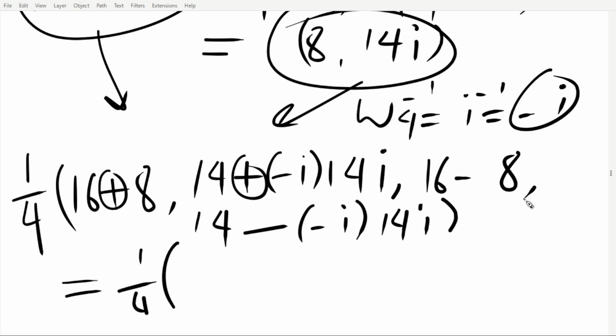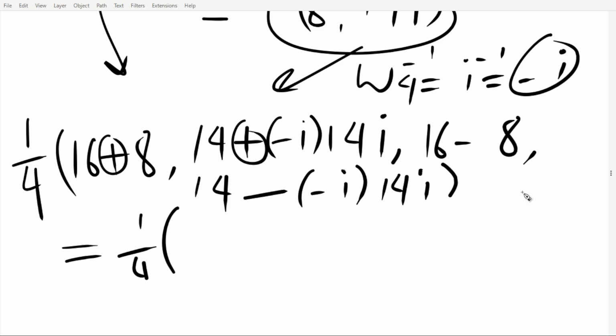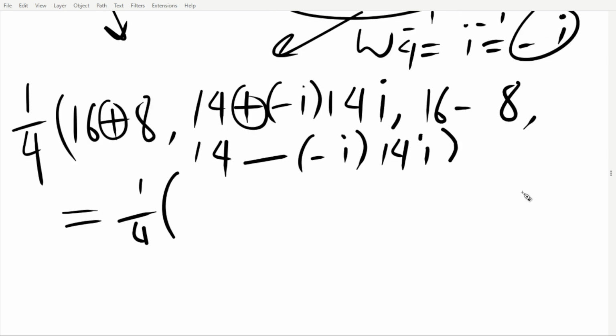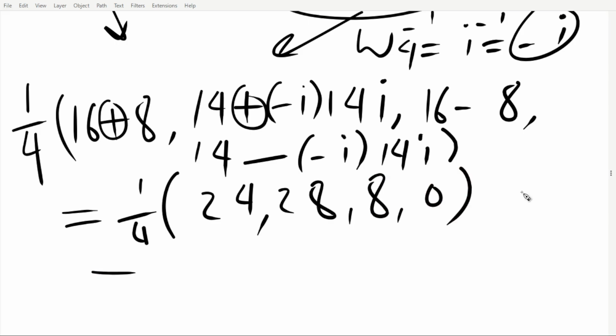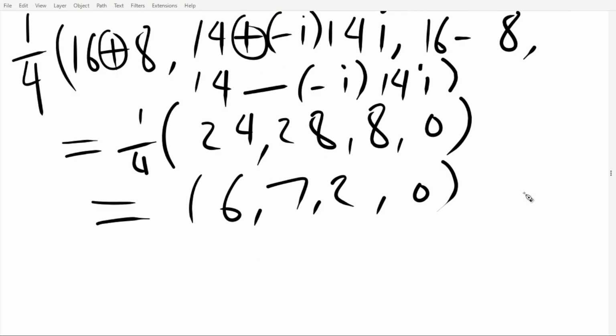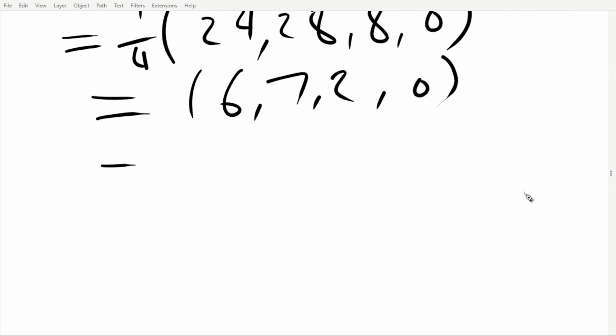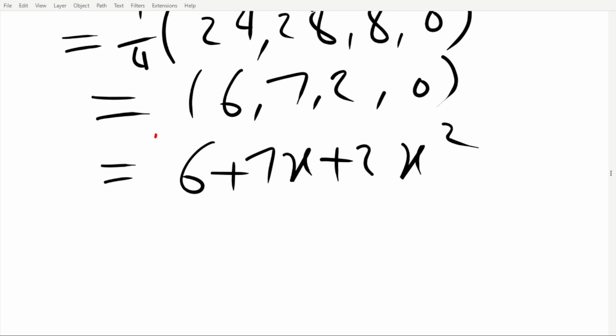Perform the computations, we get 24, 28, 80... Dividing by 4, we get the values 6, 7, 2, 0. So this is 6 plus 7x plus 2x squared. So we get our answer.